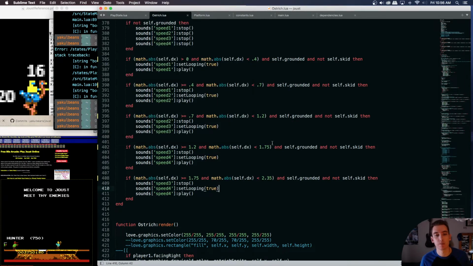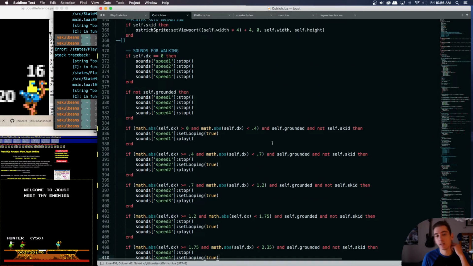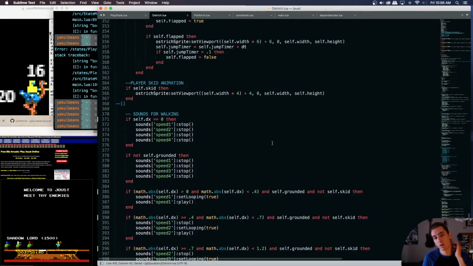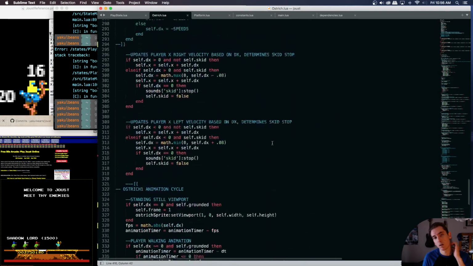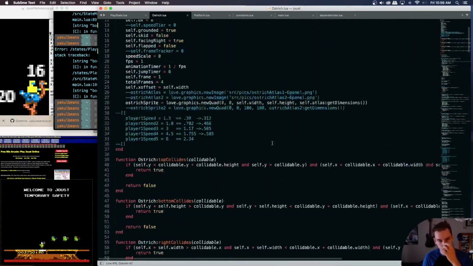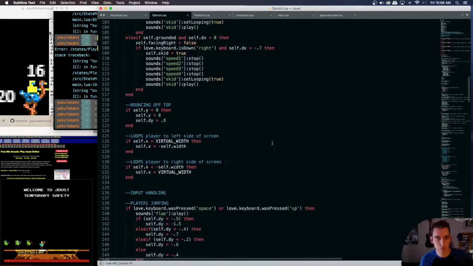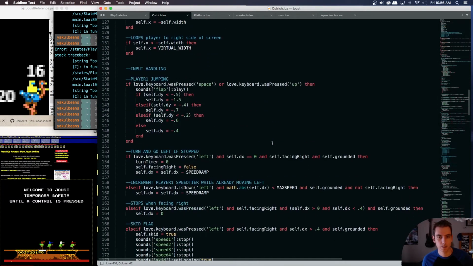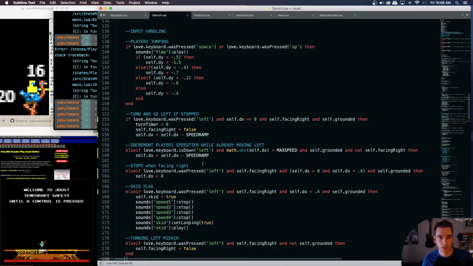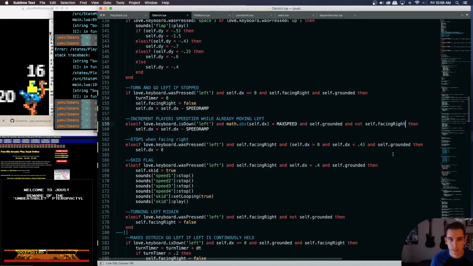And then same with the left, where we'll say, it should be here, increment speedTier when already moving left. So is this where we say and not skidding?